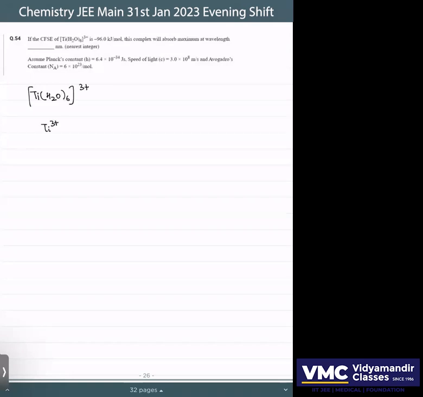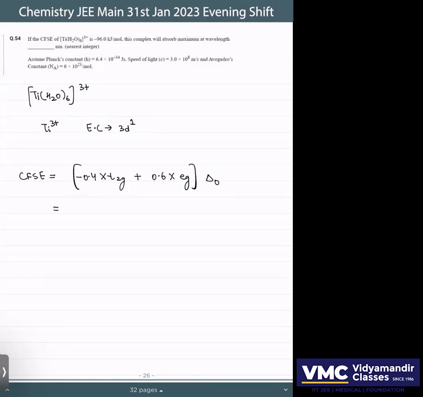That means Ti is in the 3+ oxidation state. Its outer electronic configuration will be 3d1. The formula to calculate CFSE for an octahedral complex is minus 0.4 into the number of electrons in t2g plus 0.6 into the number of electrons in eg, times delta O.